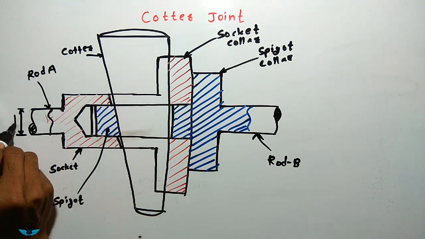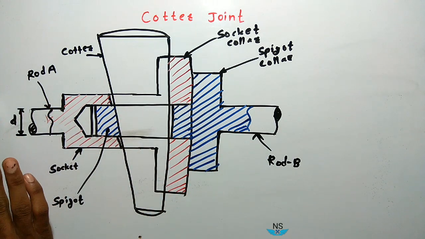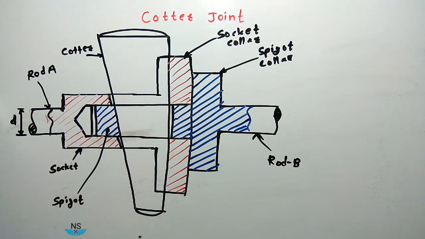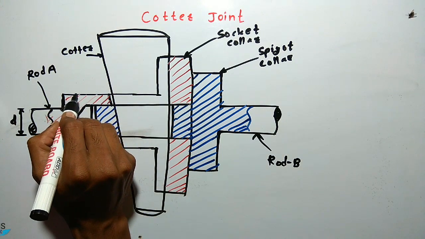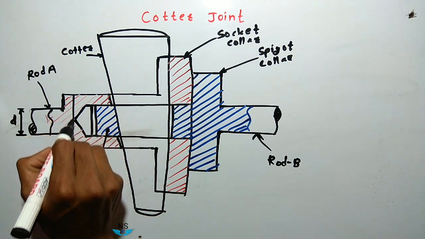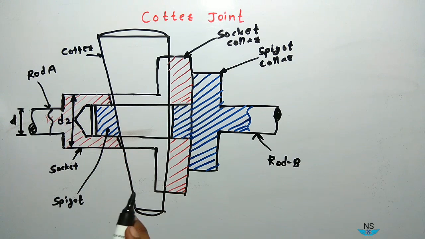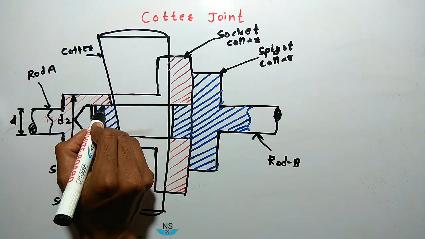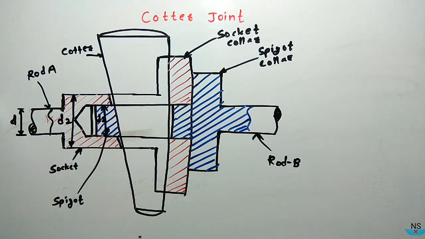So the diameter of each rod, rod A and rod B, is small d. Then this diameter, the outside diameter of the socket, is d2. Then the inside diameter of the socket, that means the diameter of the spigot, is d2.